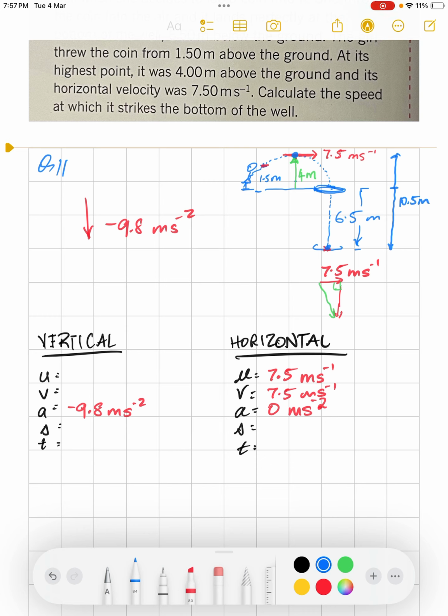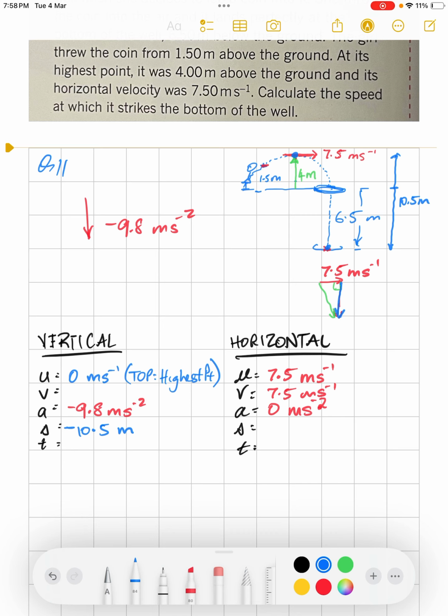So if we start our vertical velocity at, say, 0 meters per second at the highest point, and we say that it fell negative 10.5 meters from the highest point, 4 meters above the ground, to the bottom of the well, 6.5 meters below, we can use our acceleration to find the velocity that it's striking with in the vertical component.